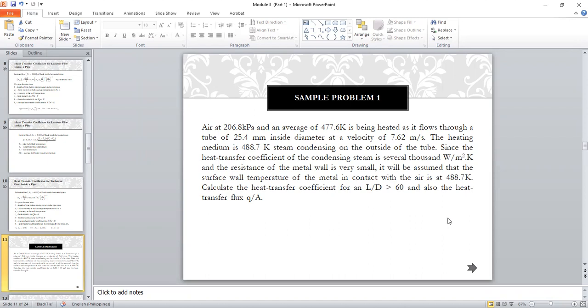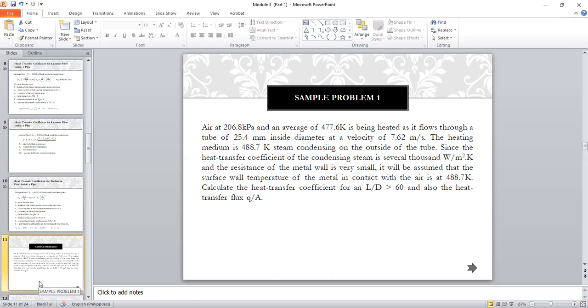Since the heat transfer coefficient of the condensing steam is several thousands of watt per square meter Kelvin, and the resistance of the metal wall is very small, it will be assumed that the temperature of the steam on the outer side will be the same as the surface wall temperature. For this problem, you are asked to calculate the heat transfer coefficient for a length to diameter ratio greater than 60, and also the heat flux, which is your heat transfer rate divided by the area.